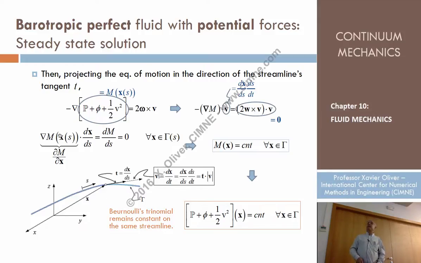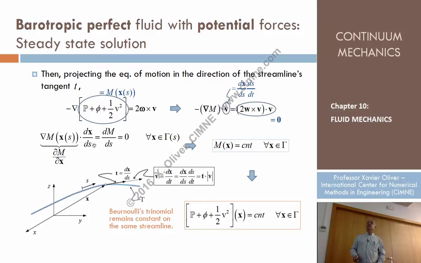So I can specify that the gradient of m times the velocity, the velocity being differential of x with respect to s, times differential of s with respect to t, is 0. So this is a scalar, I can just cancel that. I can say that the derivative of m with respect to x, which is the gradient, times differential of x with respect to s is equal to 0.